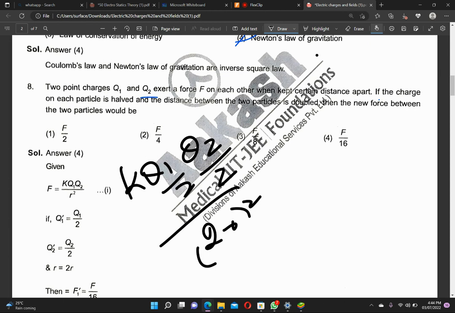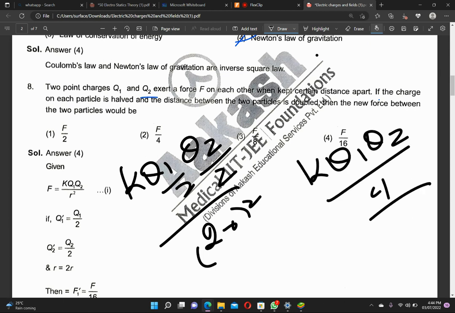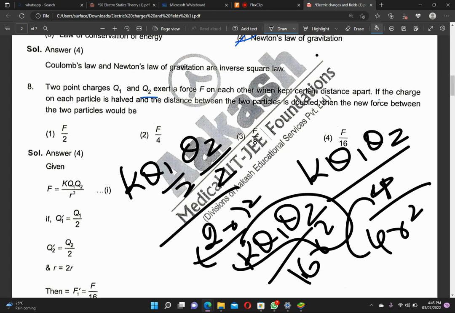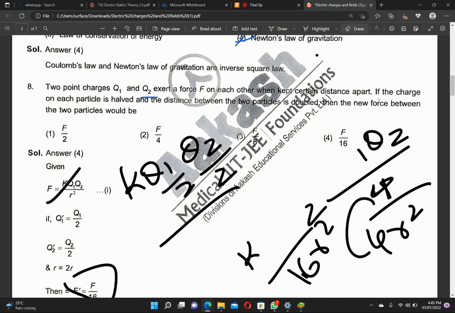So you can write K Q1 Q2 by 4, and then 2R square will become 4R square, and this 4 will come down, so you get K Q1 Q2 by 16 R square. And we know K Q1 Q2 by R square is nothing but F. So F dash is nothing but F by 16. Just understand that.